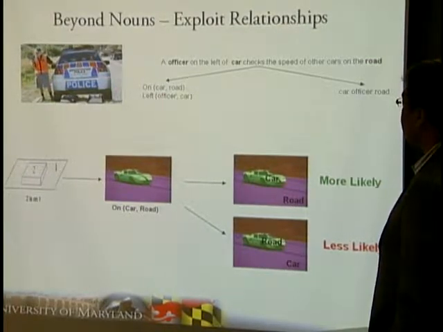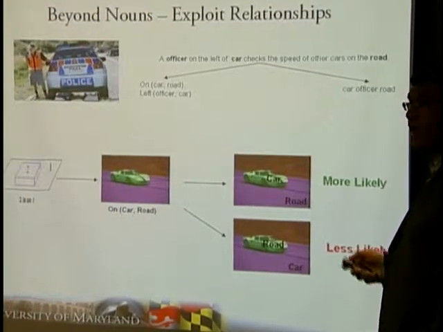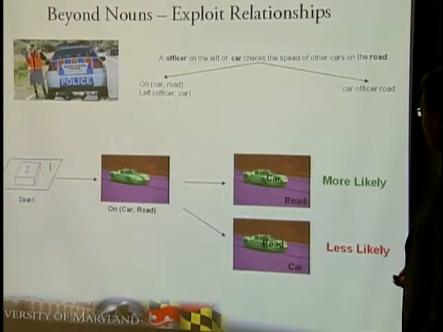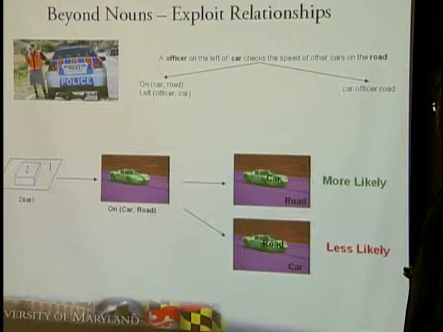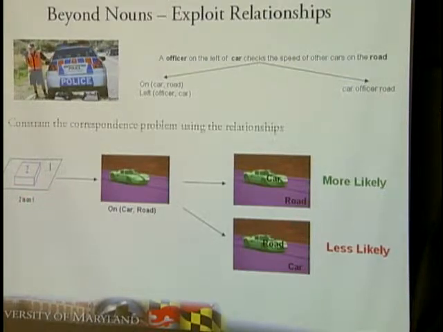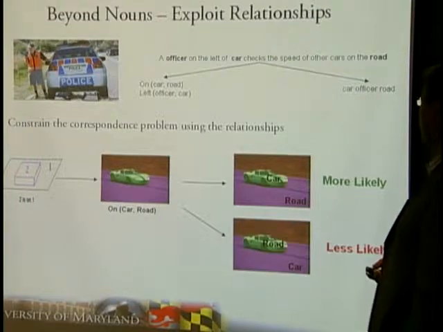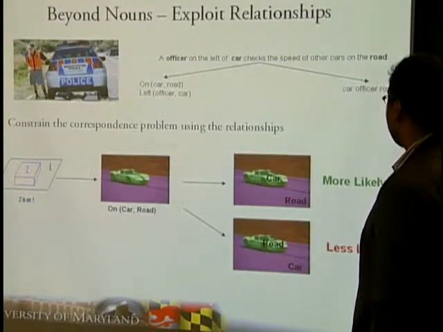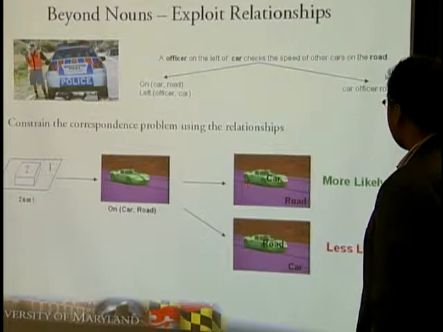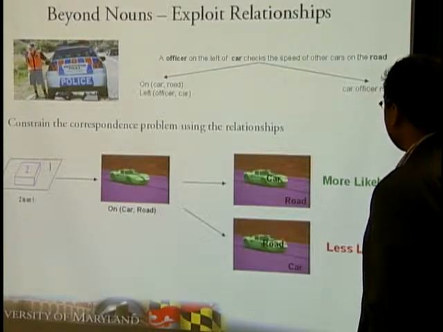For example, in this case, car is on the road, officer is on the left of the car, and so on. And once you have a model of the word on, that is, 2 is on 1 means something like this, and you know in this image car is on the road, you can constrain the correspondence problem based on this relationship. That is, the hypothesis that the green region is the car and the pink region is the road is more likely than the hypothesis that the green region is the road and the pink region is the car.